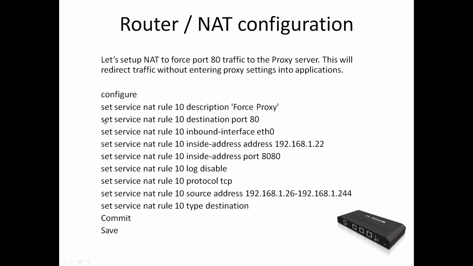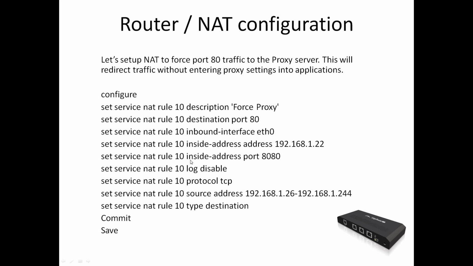So basically, what it's saying is anytime we get a request on port 80 from the interface Ethernet 0, which is my LAN interface, we want to forward that packet to 192.168.1.22, or in other words, the Squid server's IP address.